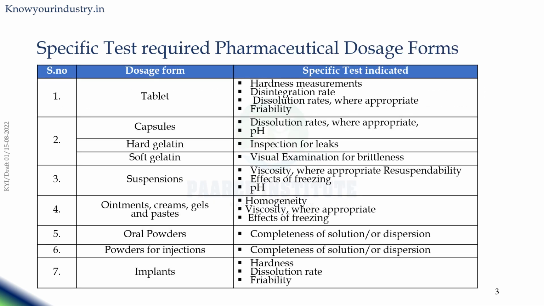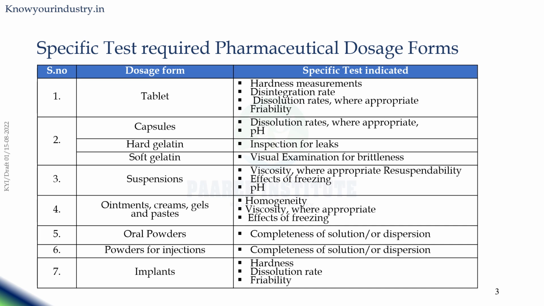Here, a specific test is required for each pharmaceutical dosage form. We have not generalized here, but we have put a specific test needed for each dosage form. As we discussed, for tablets, you need hardness, disintegration time, dissolution rates, and friability.